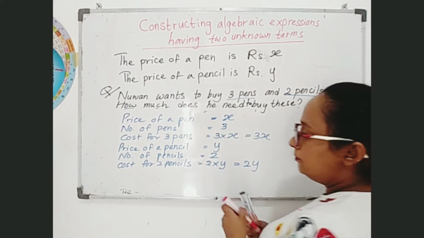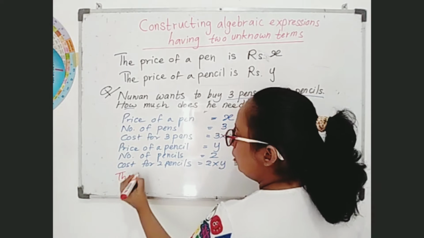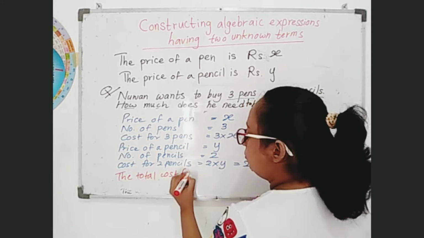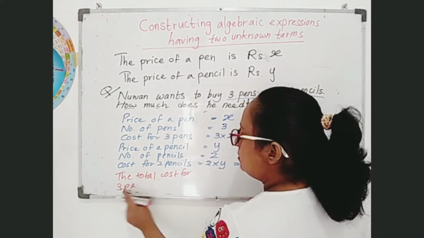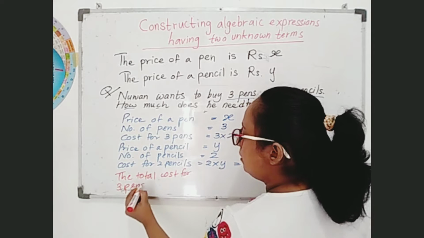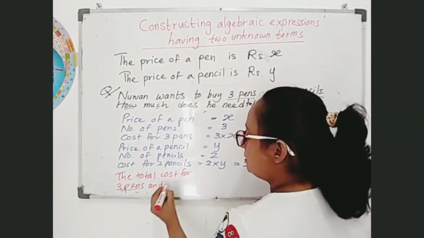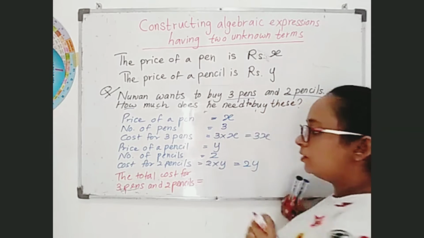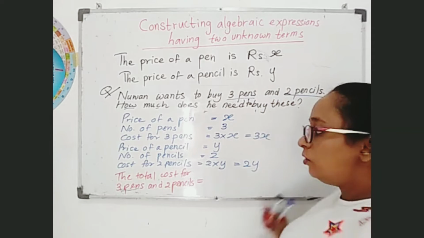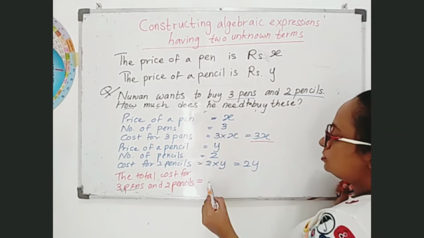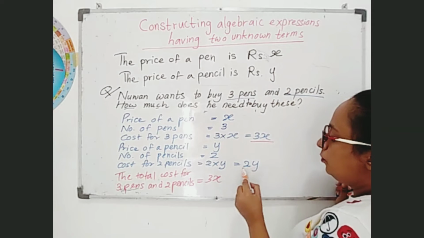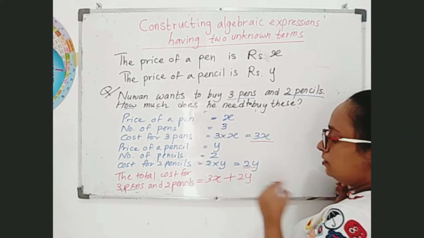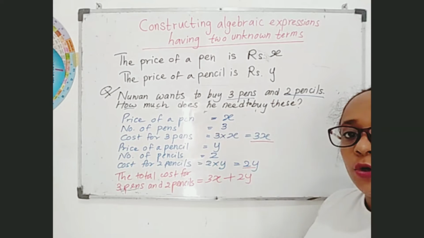So the total cost for 3 pens and 2 pencils. Pen තුනකටයි pencil දෙකකටයි යන total cost එක. So 3 pens cost 3x, 2 pencils cost 2y. So මේ දෙන add කරන්න. So 3x plus 2y.